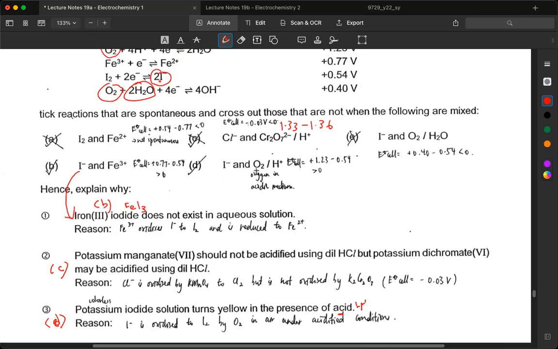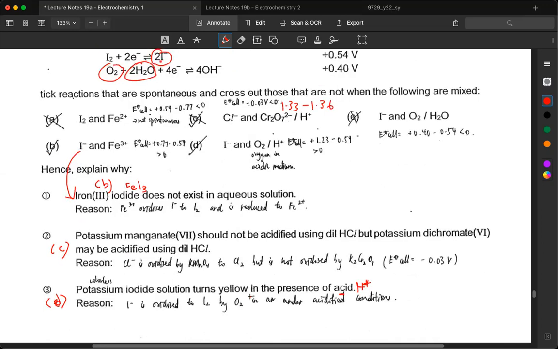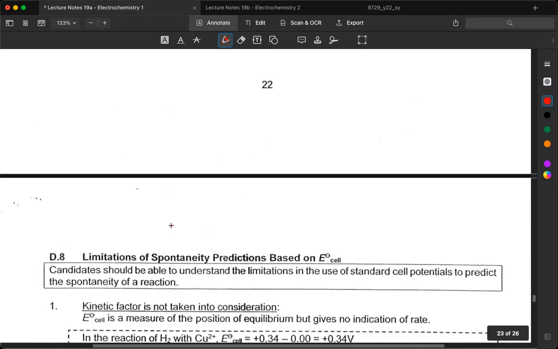So look at D. What happened is that the I minus is oxidized to iodine by oxygen. So there's a reaction happening here, because the E0 is greater than 0, a spontaneous reaction.